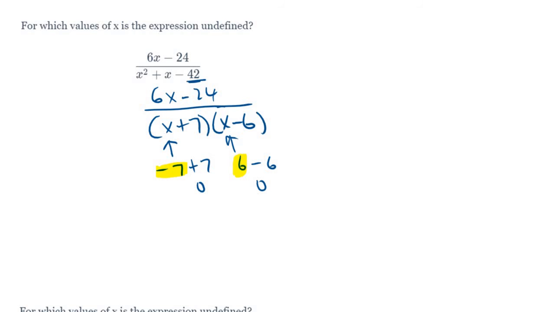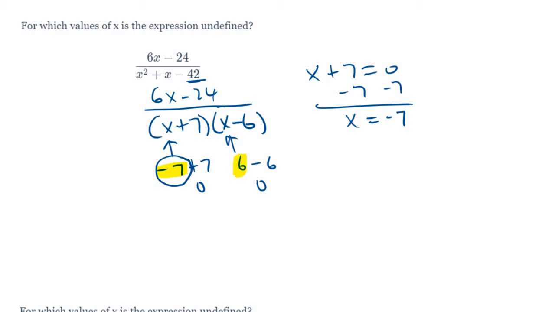Or you can set each individual factor equal to 0 if you are not sure what to do. Go ahead and set x plus 7 equals 0 and subtract 7 from both sides. You will get x equals negative 7, which is what we got by eyeballing it.